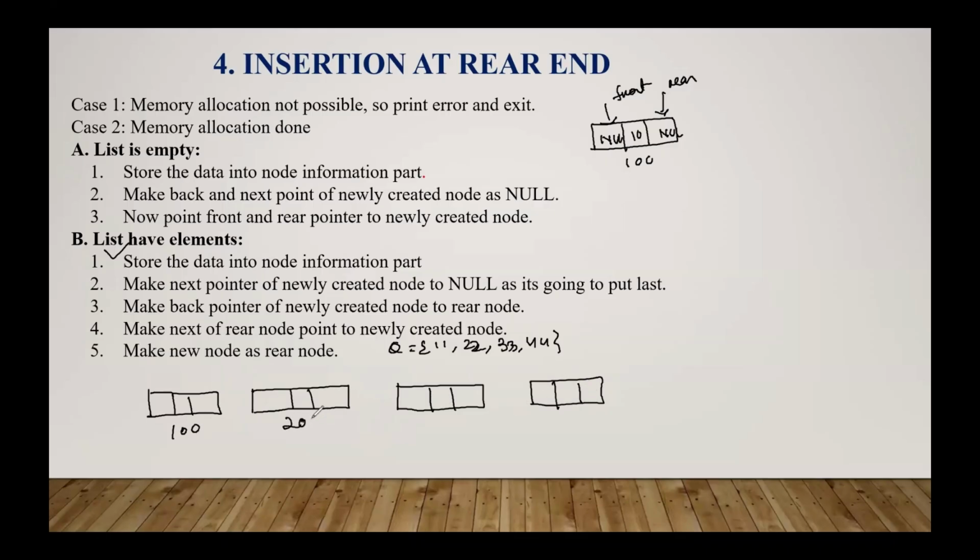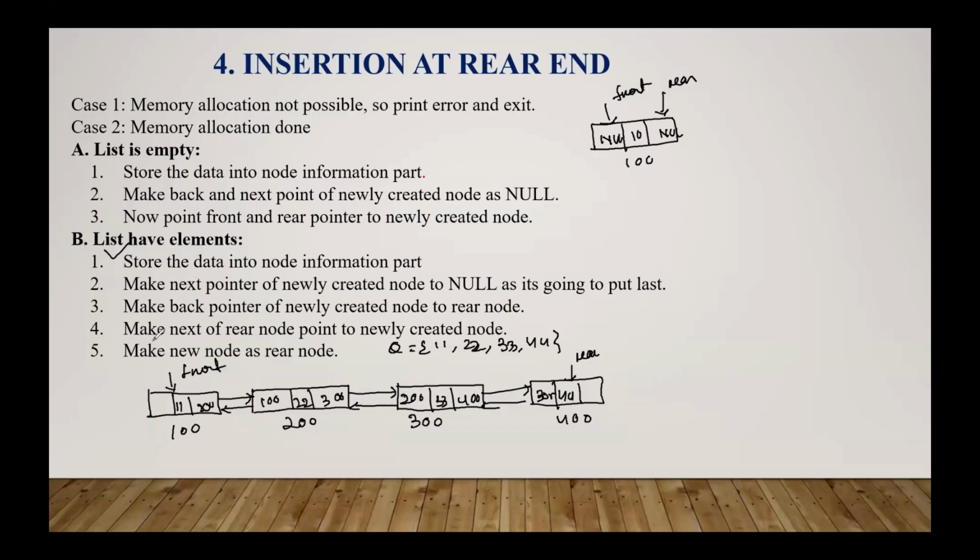The addresses are 100, 200, 300, 400, for the values 11, 22, 33, 44. Now if we store 200, this connection is established, and so on for the other links. This is our rear pointer, and this is our front pointer.